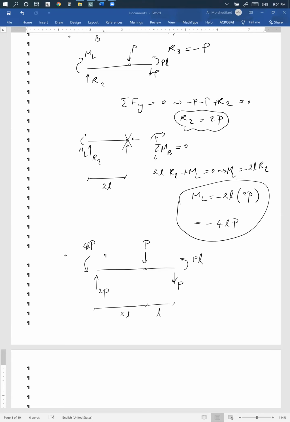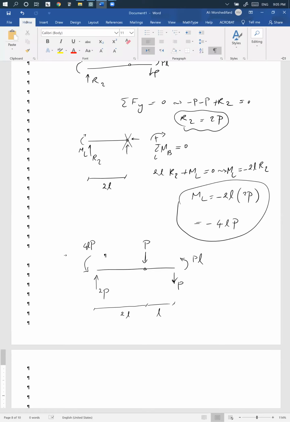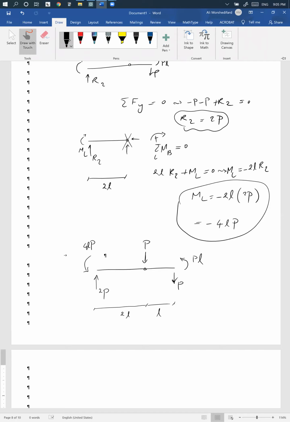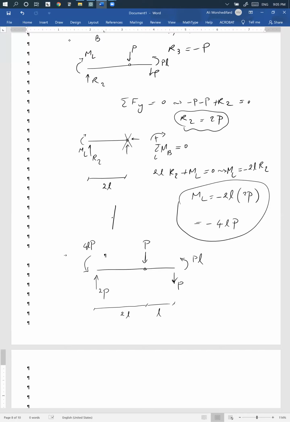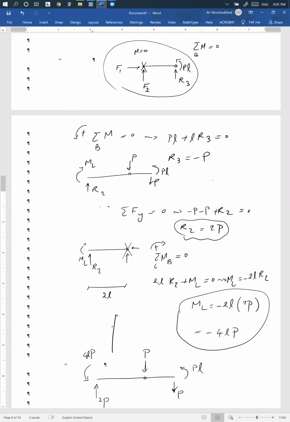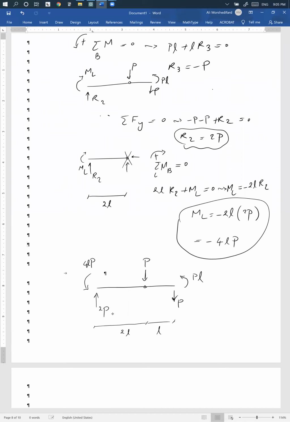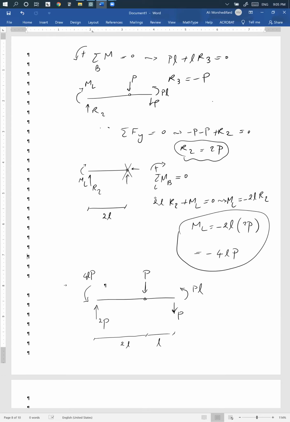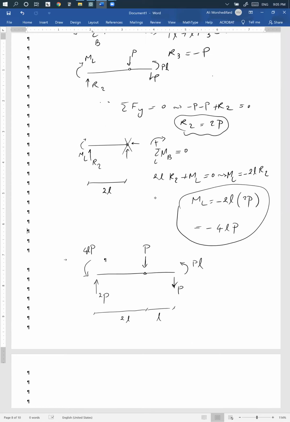Brian is asking, how did you calculate R3 to be pointing downward? Did I have R3? You mean R2? Oh, R3, okay, the right one. R3 was the right one, right?